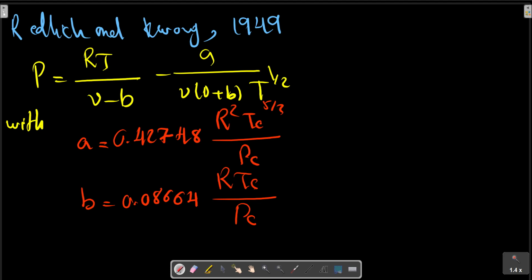Empirical equations of state have been presented and used to represent real substance behavior for many years.